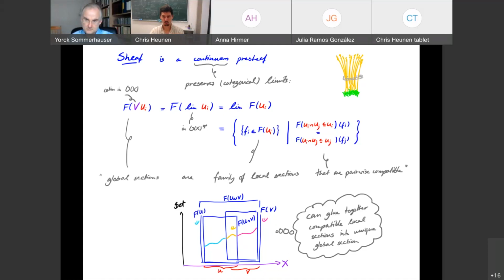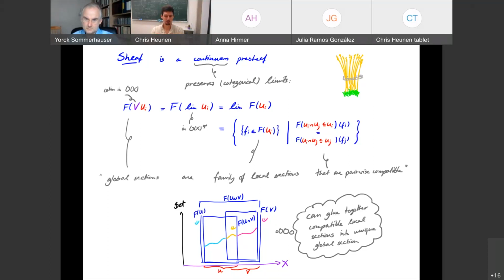So I can just compute what the limit of the F(U_i) is, namely it's the family of local sections, one over each open that we're talking about, that are pairwise compatible in the sense that if I take two opens, U_i and U_j, then their intersection is going to be smaller than U_i and smaller than U_j. So if I have a local section over U_i, I can restrict it to a local section over the intersection. And similarly, if I have a local section over U_j, I can restrict it to a local section over the intersection. I want these two local sections to be the same.